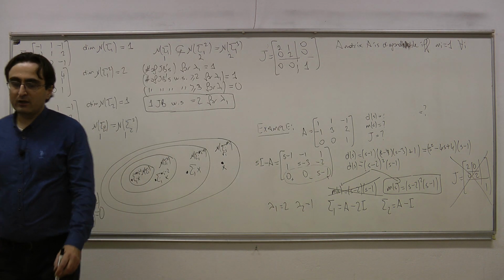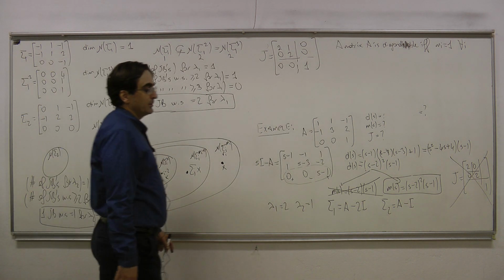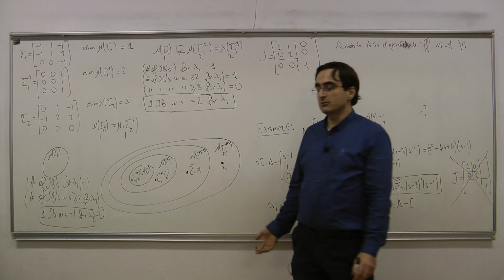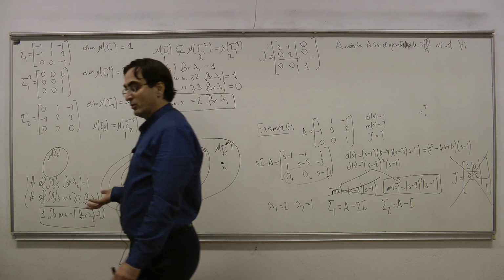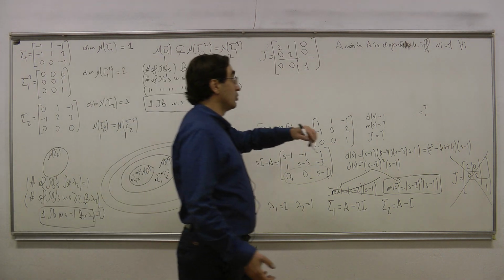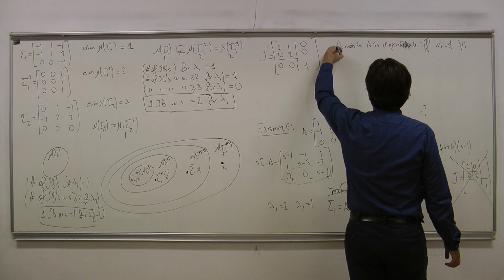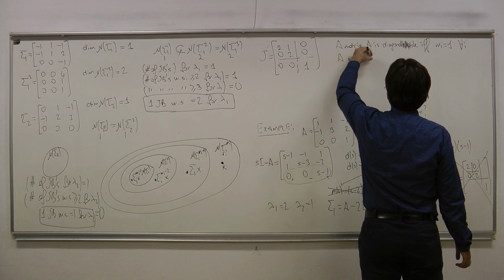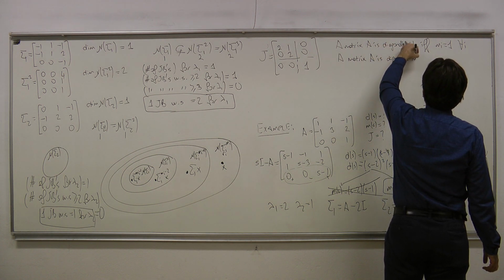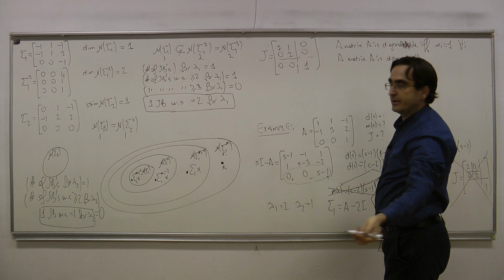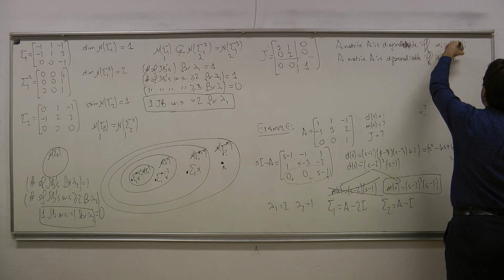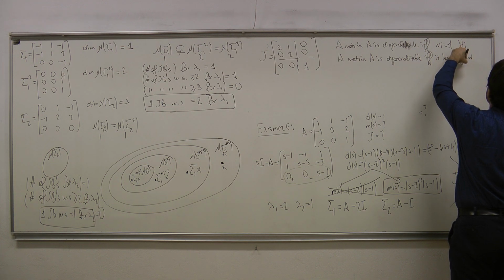Remember, in the earlier lectures, I have also talked about diagonalizability, and I have told you that a matrix is diagonalizable if and only if it has n linearly independent eigenvectors. This is the same condition. We are going to see this. So a matrix A is diagonalizable, meaning that the Jordan canonical form is diagonal, if and only if it has n linearly independent eigenvectors.